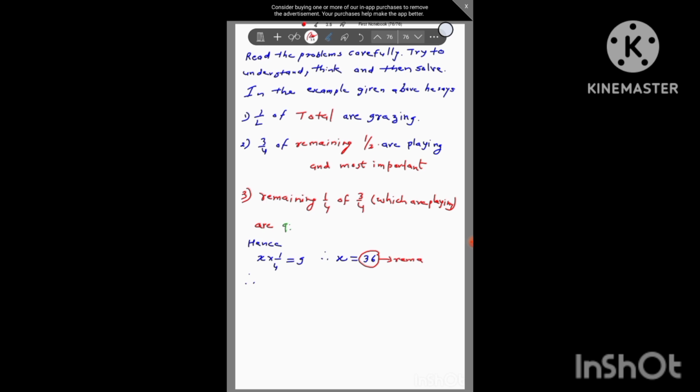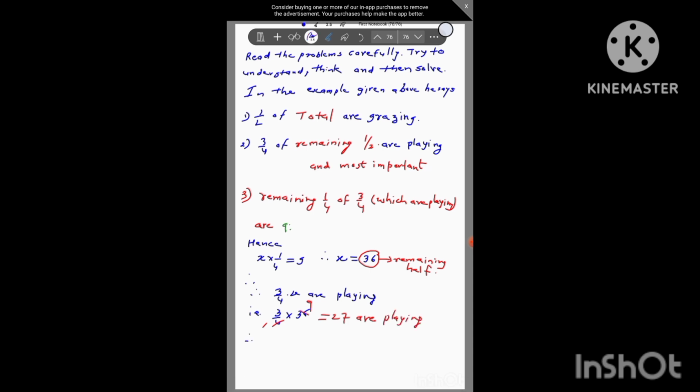See, we are trying to see how many are playing. That is three-fourth. If x is 36, then three-fourth of x is 27. So 27 are playing. The x we have taken as the half of this. So half is 36, then half are grazing. So that comes to 72.